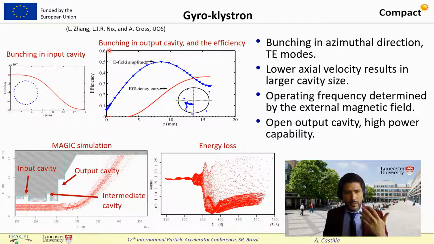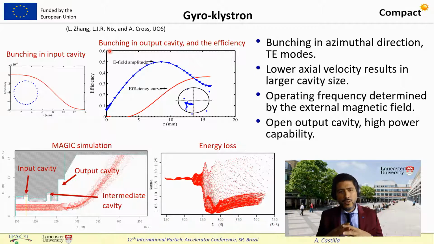Another interesting thing about Gyro-Klystron is that due to the lower axial velocity, we can have larger cavity sizes. So this makes the manufacturing of these sources more practical than a normal tube, let's say. The operating frequency is indeed determined by the external magnetic field and not so much by the size of the cavity itself.